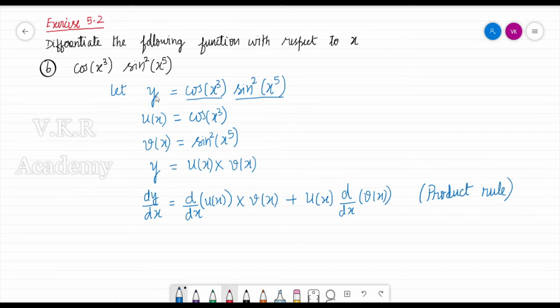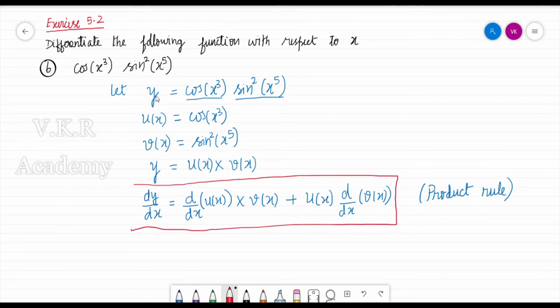So let's call this as 1. We shall compute d by dx of u of x, d by dx of v of x, and substitute in equation 1.